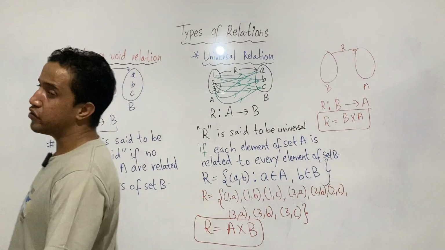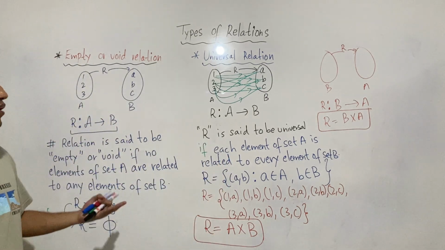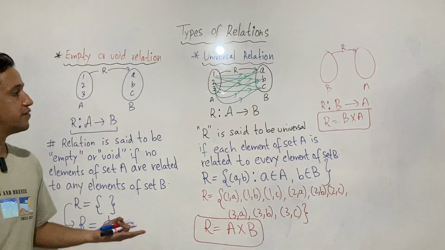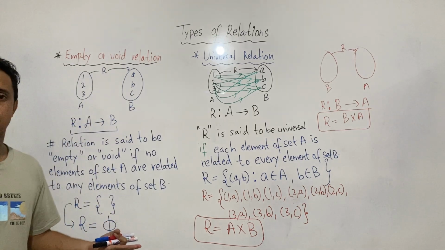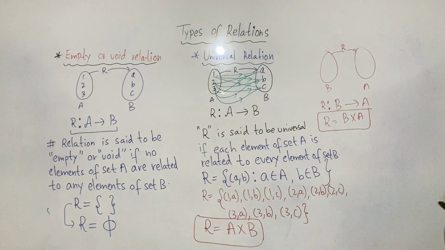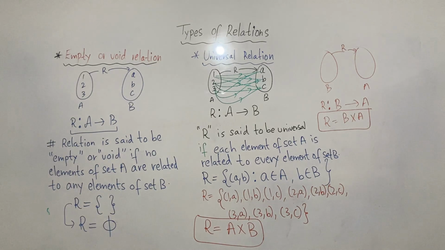So a universal relation between two sets is nothing but the Cartesian product of the two sets.